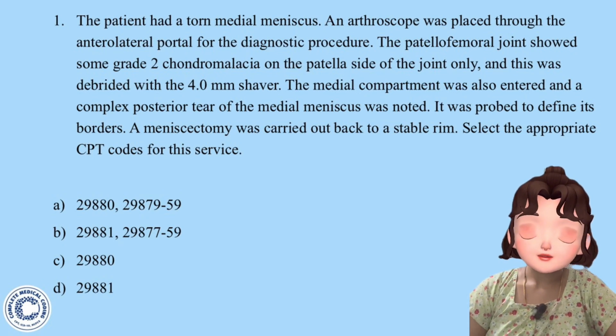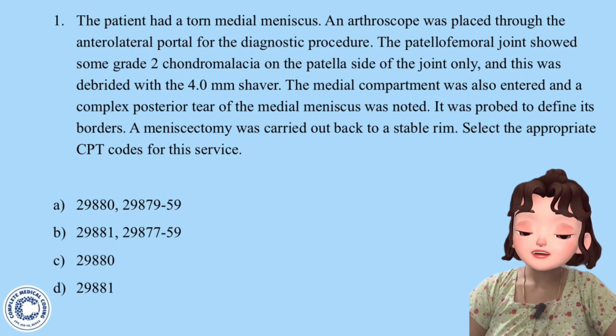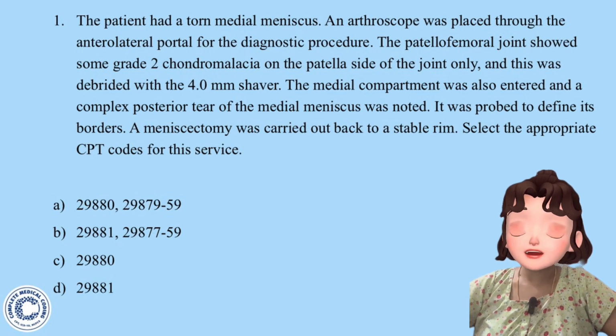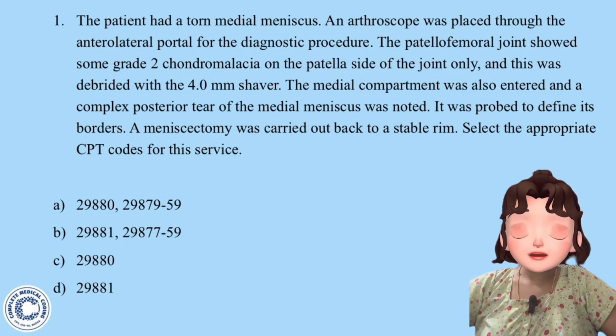Same, arthroscopy knee surgical with meniscectomy, medial or lateral, including any meniscal shaving, including debridement or shaving of articular cartilage, chondroplasty, same or previous compartment when performed. So what is the difference between these two codes? 29880 is meniscectomy medial and lateral, and 29881 is meniscectomy medial or lateral.